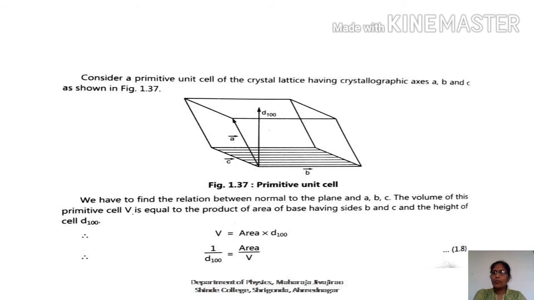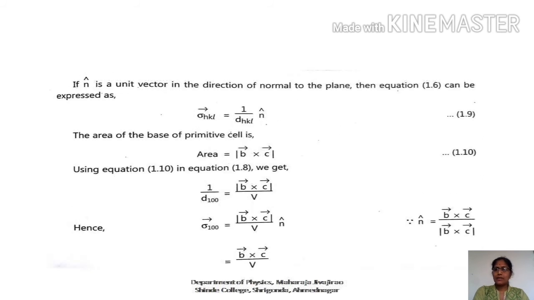Now 1 upon d in case of 100 plane is equal to area upon volume. And as we know that 1 upon d is nothing but sigma. But if n cap is a unit vector along the direction of normal to the plane, then sigma hkl is given as 1 upon d hkl into n cap.